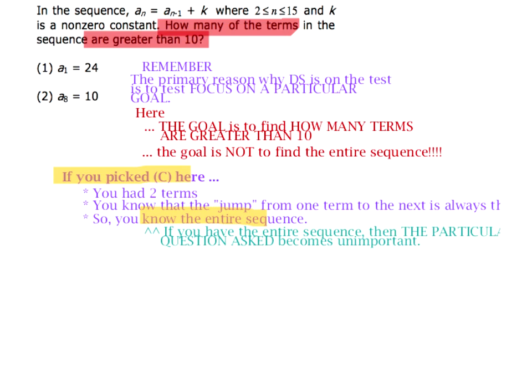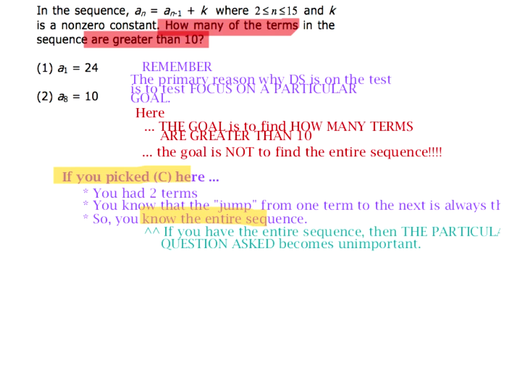One thing that will definitely not happen in data sufficiency is that the particular question that they are asking won't matter. In other words, you don't have to actually think about how many terms are greater than 10 if you pick C. And that's why you know C is a trap here. It's too easy and you don't have to think about the question.